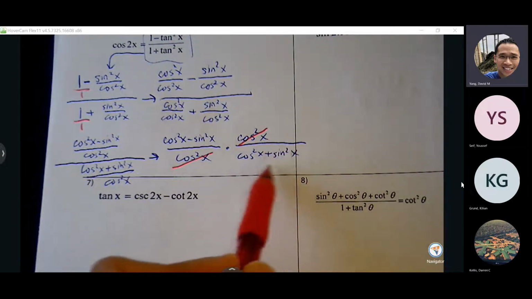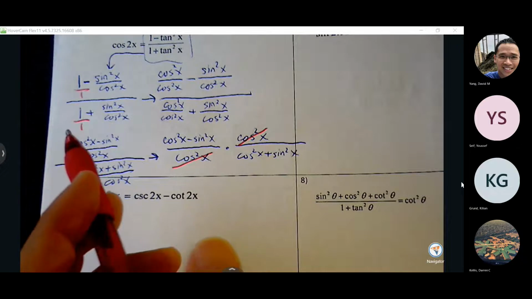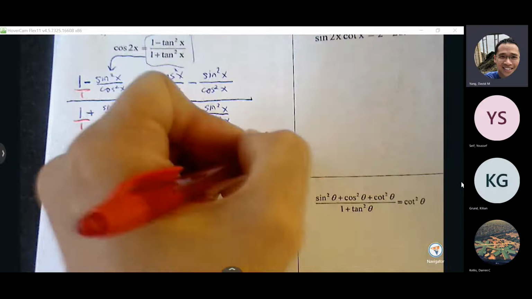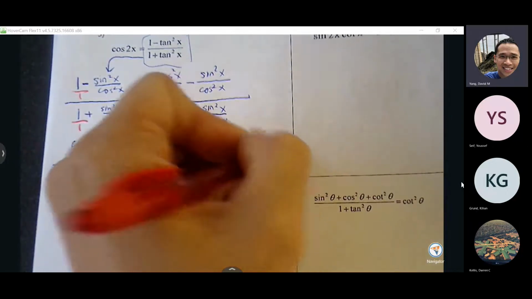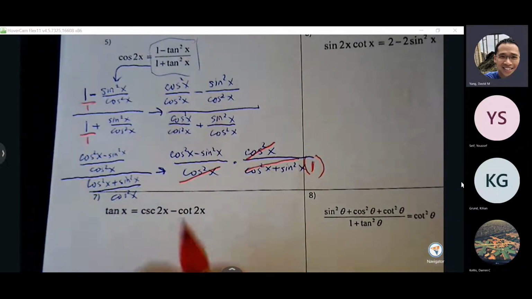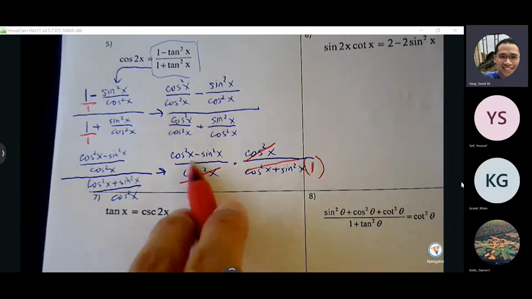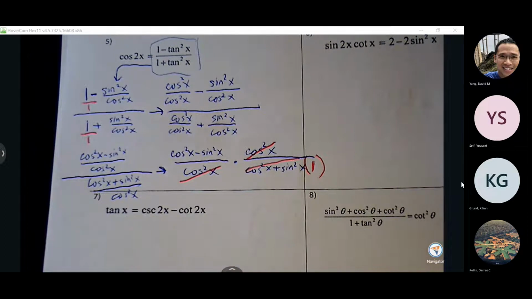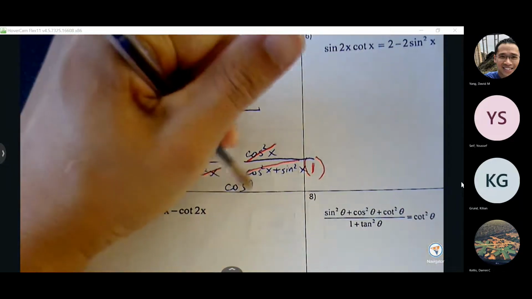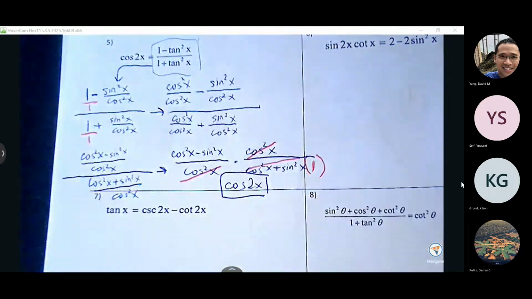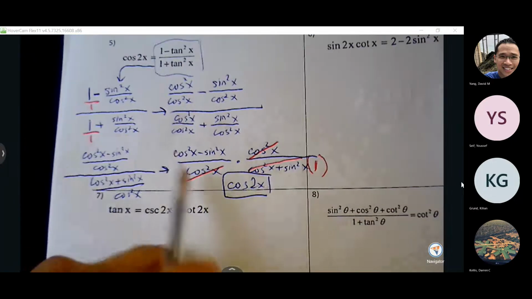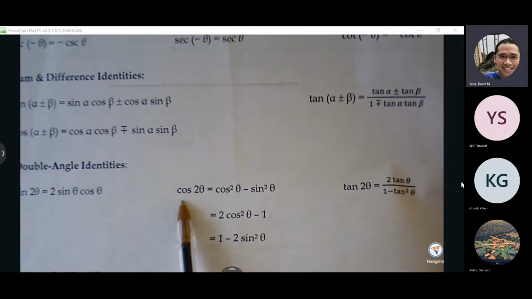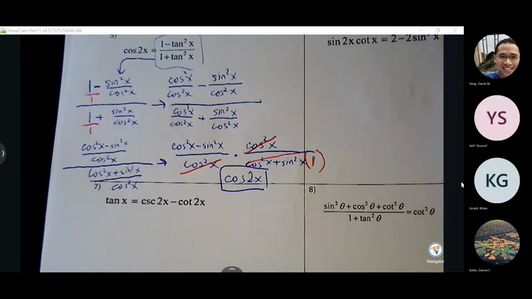What's cosine squared plus sine squared? You have an identity there, equal to 1, right? So just make all that 1. So essentially it goes away. And the only thing left is cosine squared minus sine squared. And cosine squared minus sine squared is an identity for cosine 2x, so we can make that final jump. Cosine squared minus sine squared is equal to cosine 2 theta, or 2x.